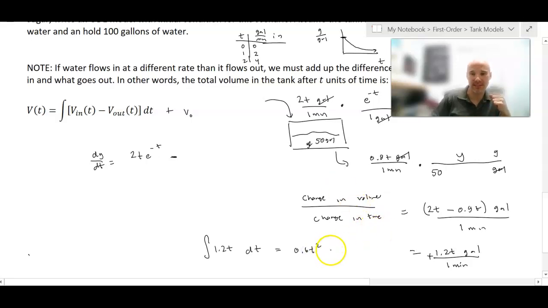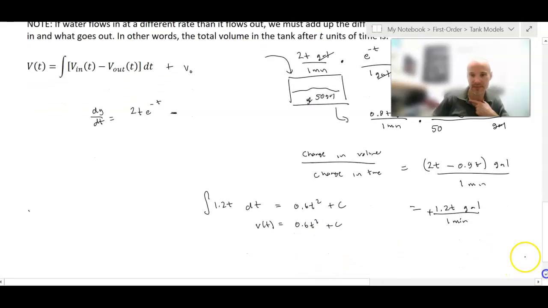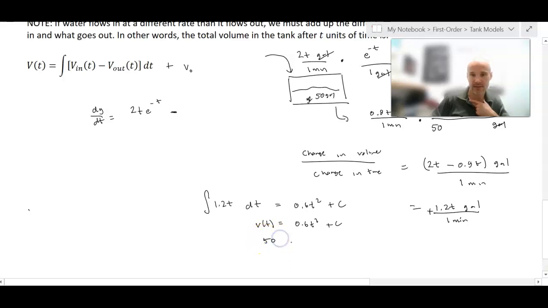And then you'd normally have a plus C on here. And I guess that we don't really need the plus V naught if we just remember to write the plus C. Initially at time 0, we have 50 gallons. So V(t) is 0.6t squared plus C, and now you have 50 gallons at time 0. You get C is equal to 50, and your V(t) function, your total volume, is 50 plus 0.6t squared. So that's our denominator.